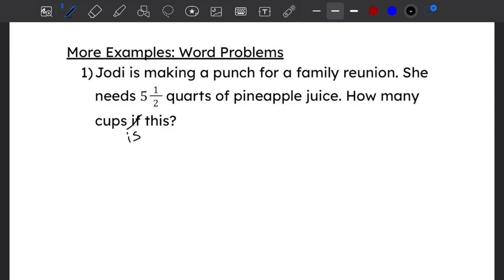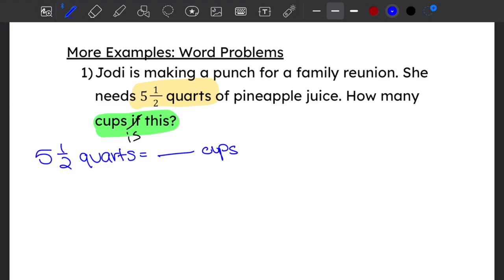Okay, so let's highlight the information that is given to us. We know that she needs 5.5 quarts of pineapple juice. What is required for us to find? What is the question? We need to know how many cups this is. So if we summarize this into a sentence, we are essentially trying to convert 5.5 quarts into cups.